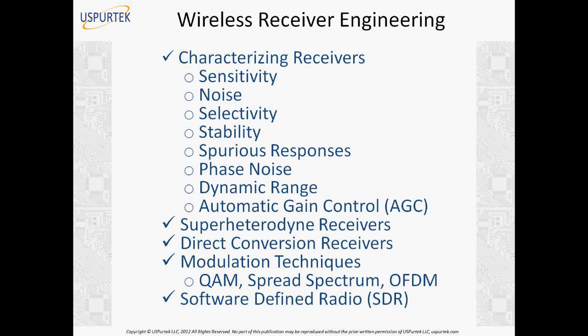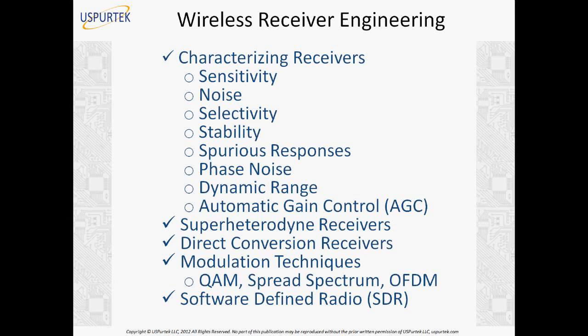So we'll understand quadrature amplitude modulation, spectrum, and the different characteristics, and also learn about OFDM, orthogonal frequency division multiplexing. And finally, we'll introduce ourselves to software-defined radio, which is an emerging receiver architecture in wireless communications.